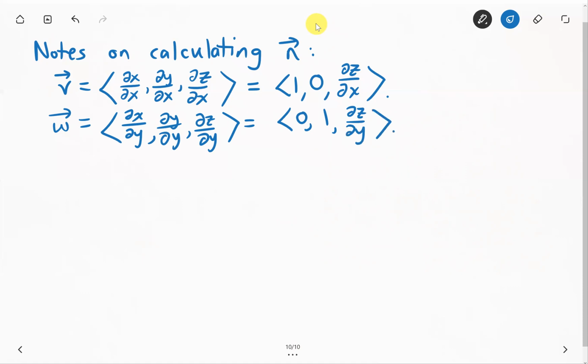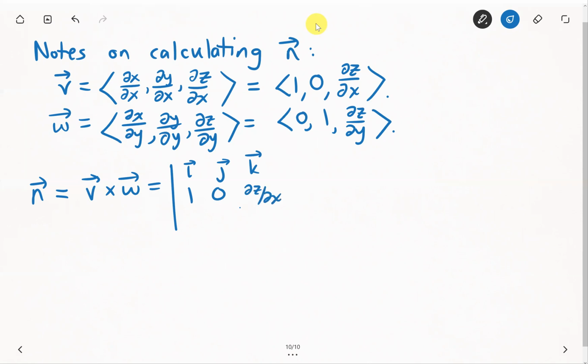And so as we calculate the normal vector as v cross w, that's always going to look like this expression, no matter what the function: 1, 0, dz/dx, 0, 1, dz/dy.